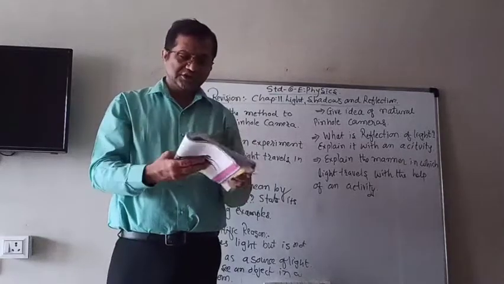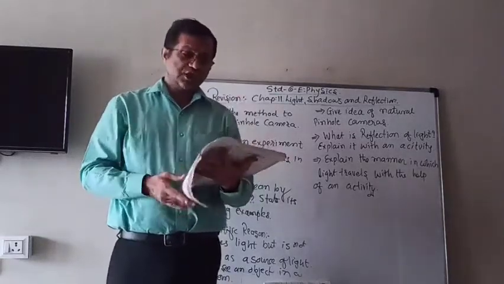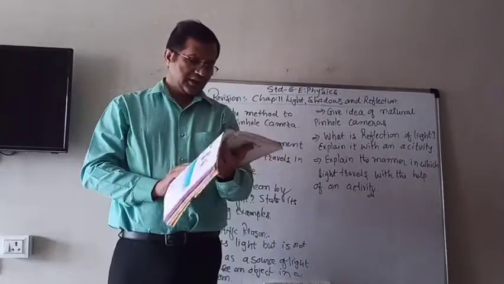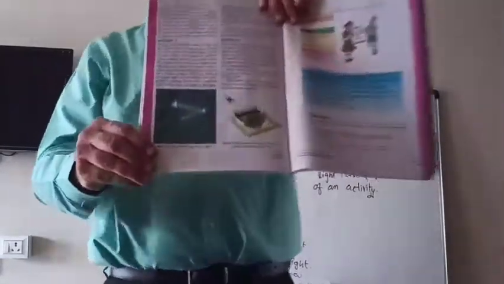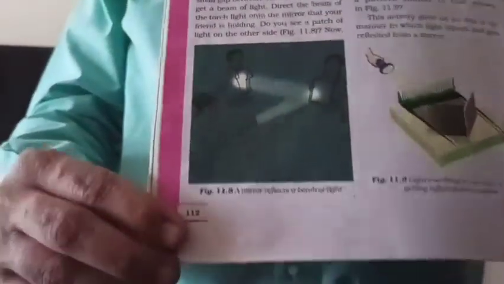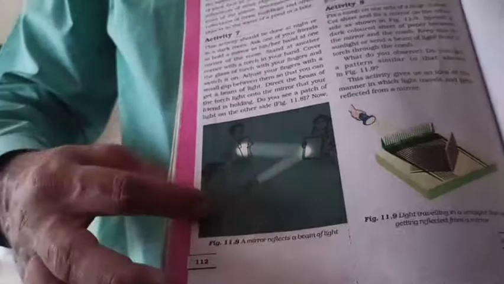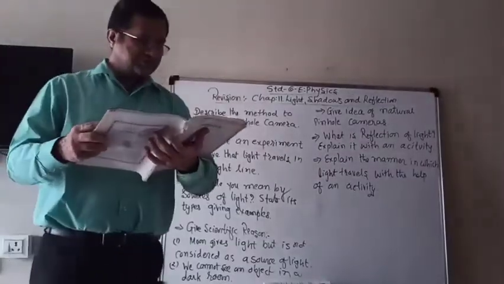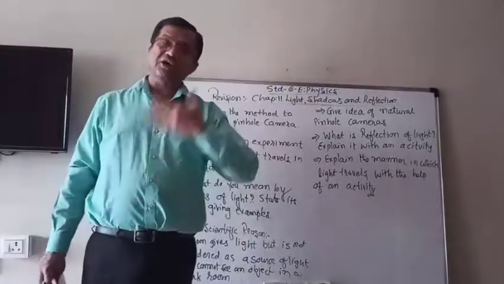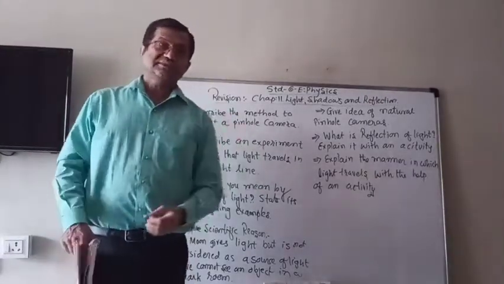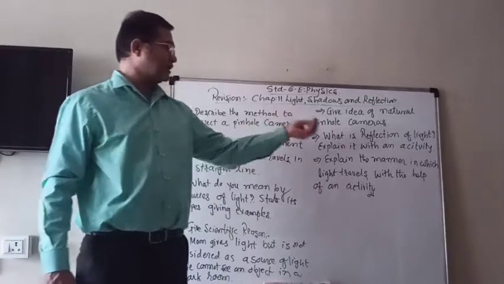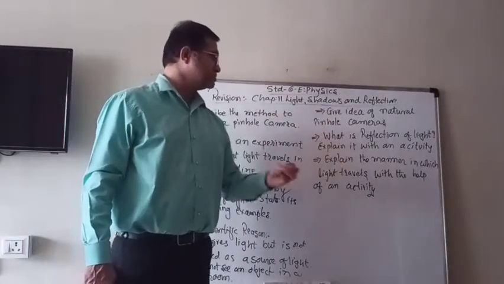You can do this activity with your friend in a dark room. You can throw the torchlight and it is reflected back and falls on your friend, or you can have a screen. So that is the way you can explain what the reflection of light is.